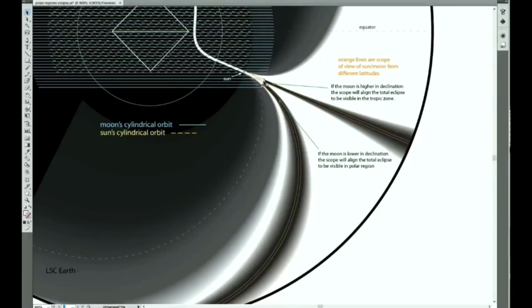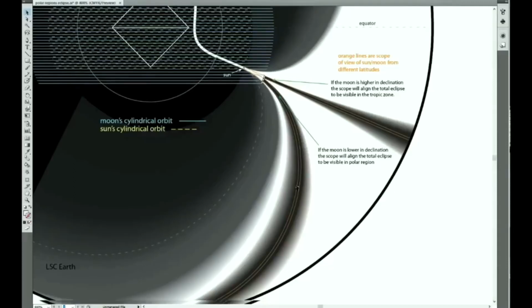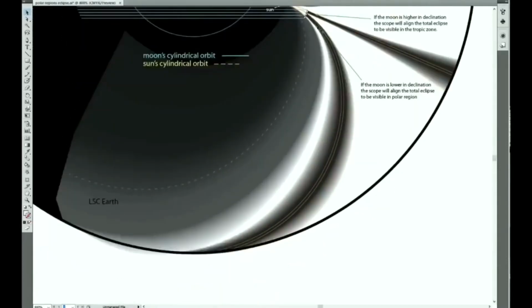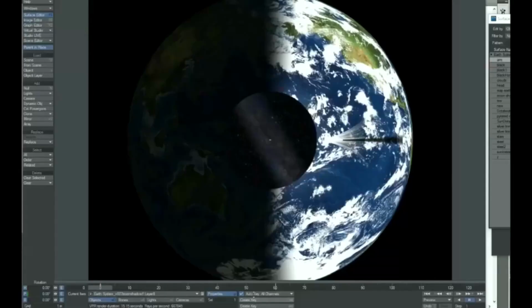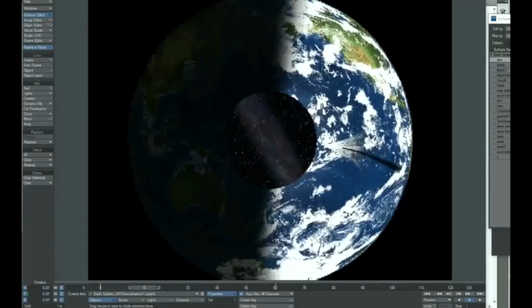And the moon is directly in front of the sun, we're going to get a shading right there. However, if the moon is a little bit lower in declination, in this little illumination zone, it's going to carry the moon shadow at a more extreme latitude. So I brought that into 3D here, and I morphed the moon shadow so you can better visualize what's going on here.